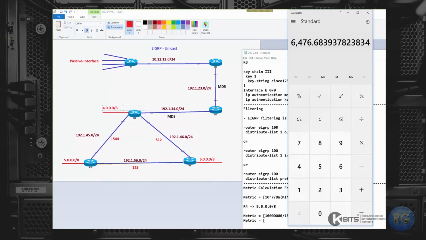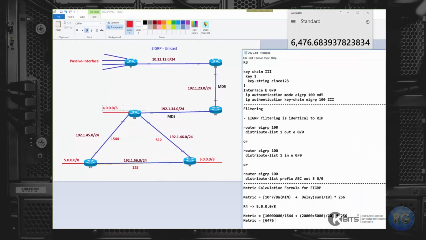Drop the dot. Don't even round up, just take the whole number. So that is 6476. Plus, this is 25,000 divided by 10, which is 2,500. Take that number and multiply it by 256.